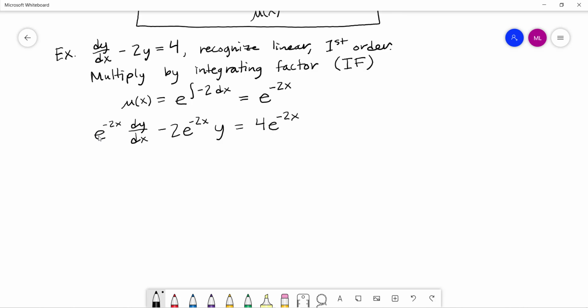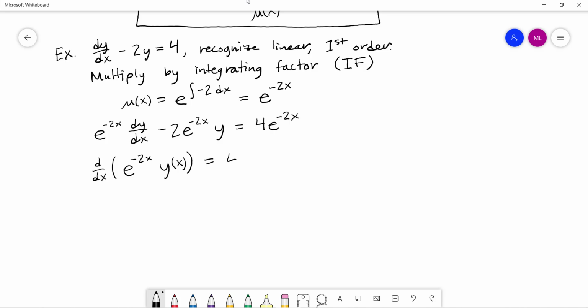And what I want to recognize is, presuming that we haven't made any mistakes when we computed our integrating factor, that we didn't make any mistakes in this integration, this left-hand side looks like the result of product rule. So let's check it out. This should look like d dx of e to the -2x, our mu, times y, where it's presumed that y is a function of x.